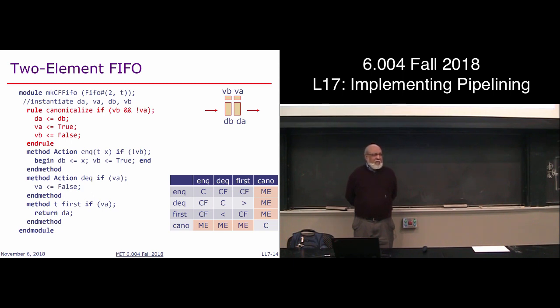Look at the guard. If you look at the guards, it's obvious, because NQ needs the guard VB to be false, and canonicalize needs the guard VB to be true. So clearly these two are mutually exclusive. And similar analysis applies to DQ and first.